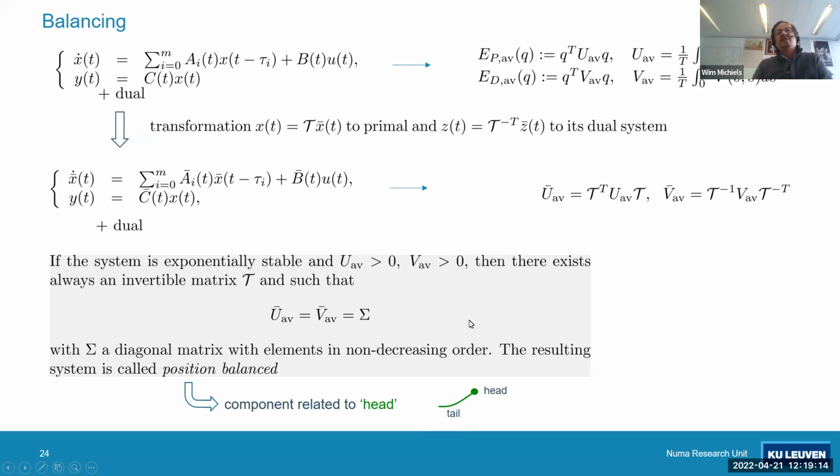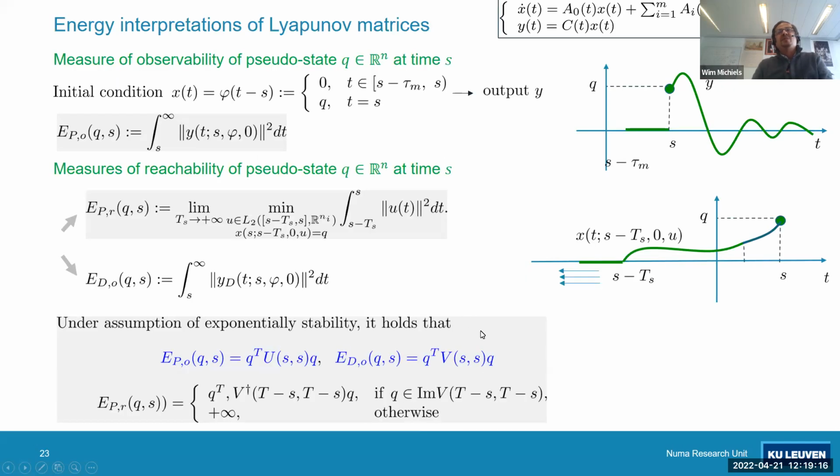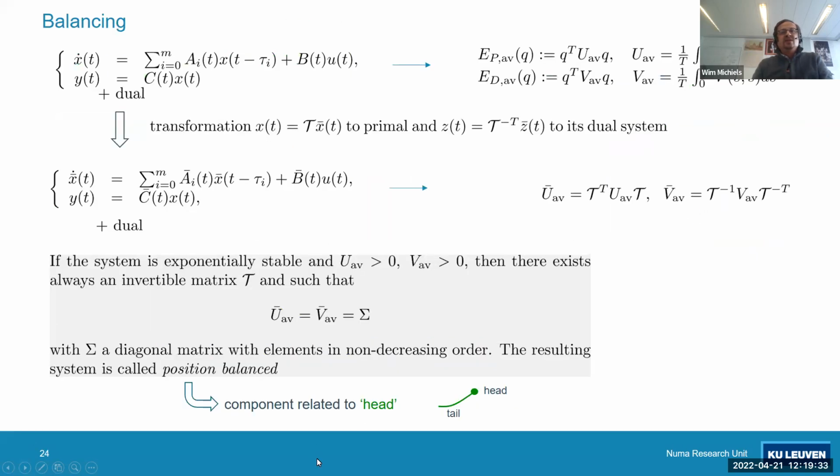This is in fact expected because we tweaked a bit the energy interpretations, where we artificially extended the Q with some tail, or where we say, okay, I don't care about the tail when you reach the value of Q. This terminology is also very well related to what you do for second order systems.